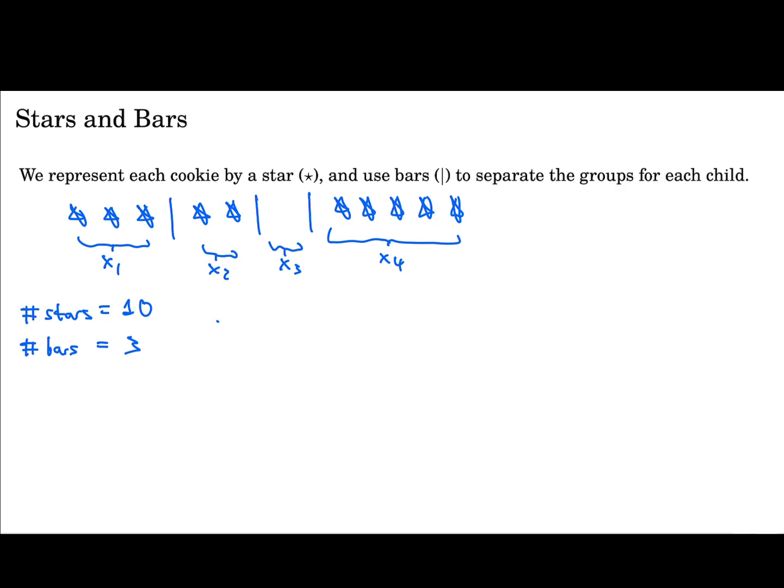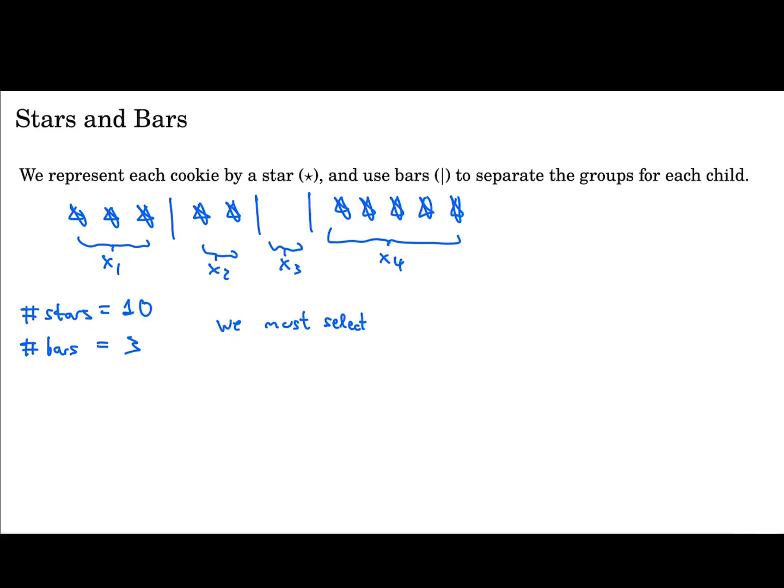And so we have 13 positions where we can put stars and bars, and we need to choose where to put them. You could choose where to put the bars or where to put the stars.